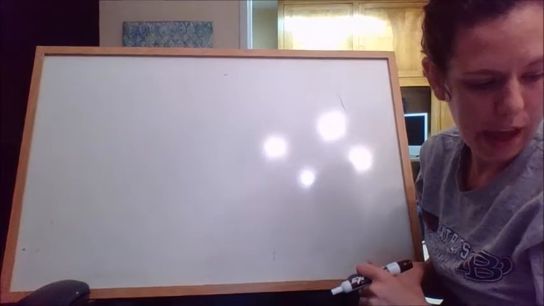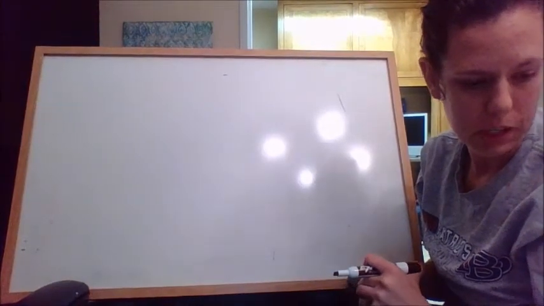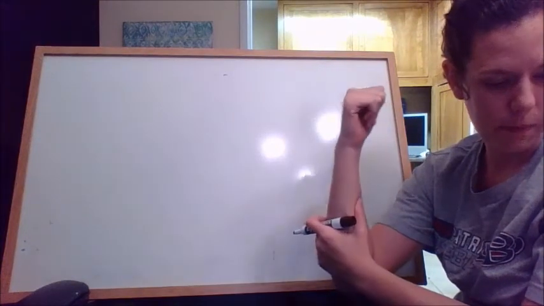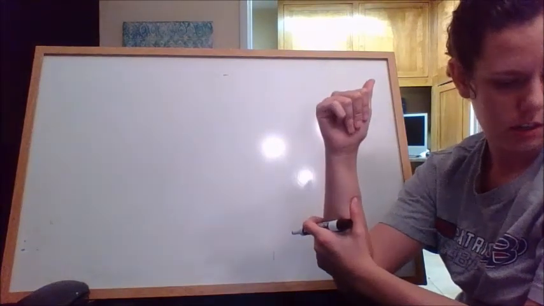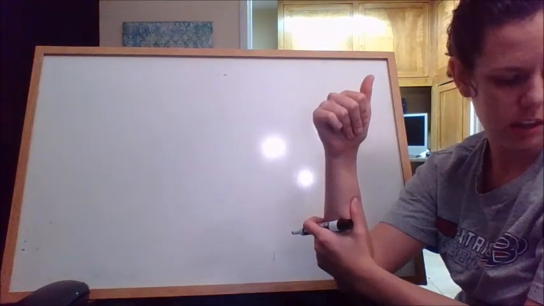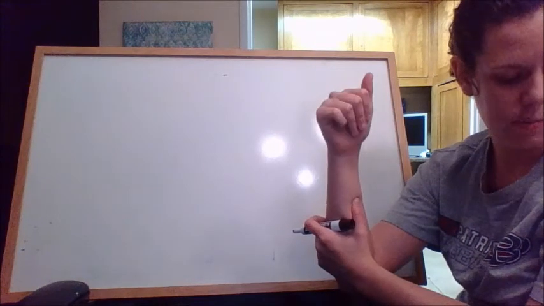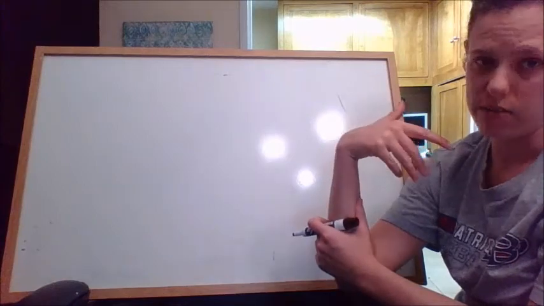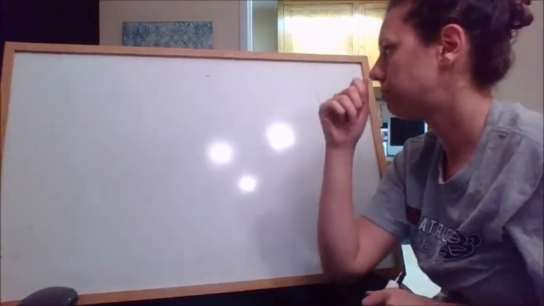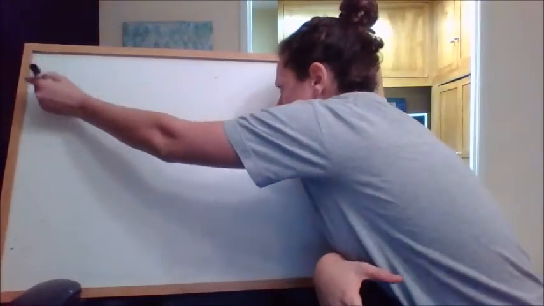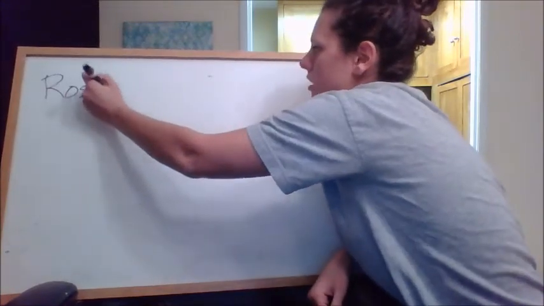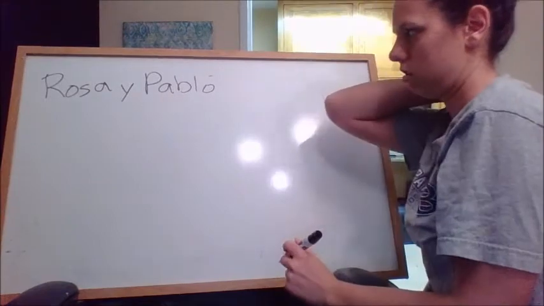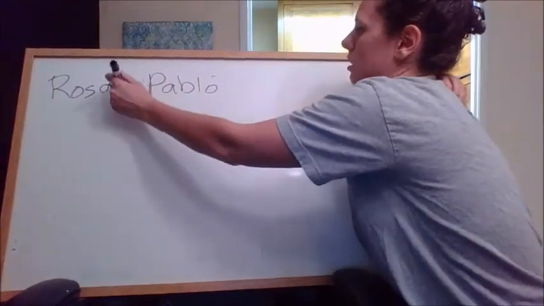We're going to talk about locations. We're going to talk about characteristics, telling time still, having something. So you might have a sentence like, Rosa y Pablo. Oops, how about this?